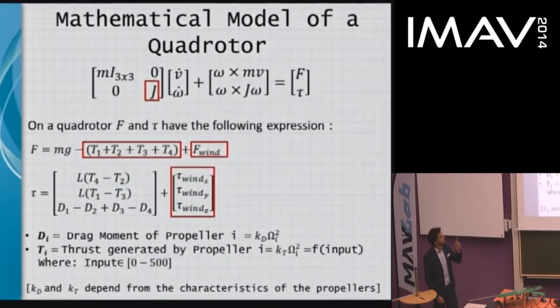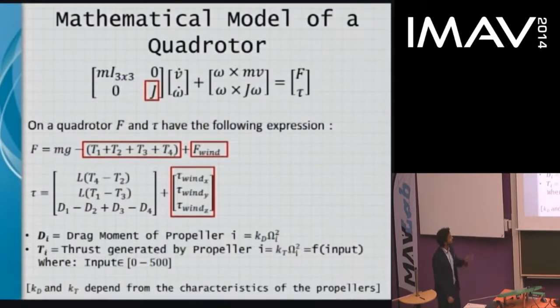With the red square, I highlighted the parts of the model I was most interested in during my work: the inertia matrix, the total thrust generated by the propellers, the force of the wind on the quadrotor, and the torques due to the wind acting on the quadrotor.